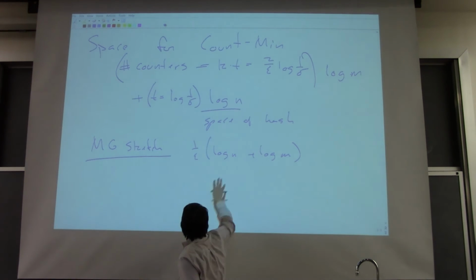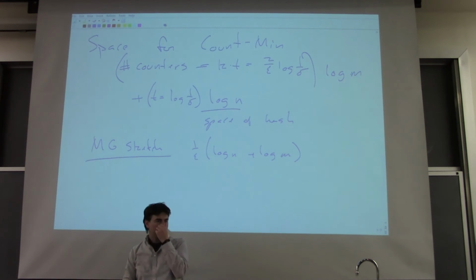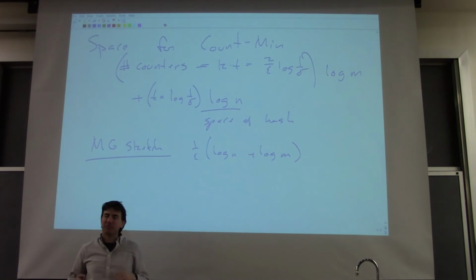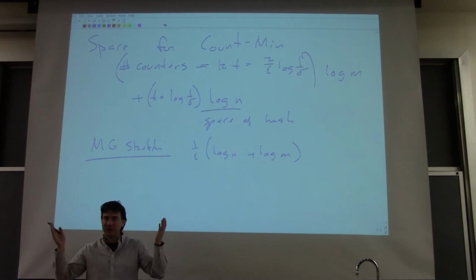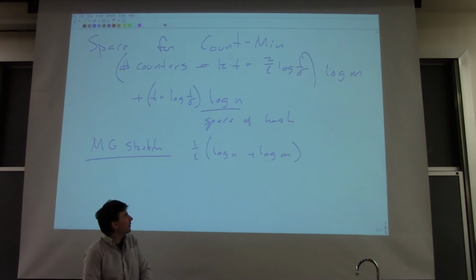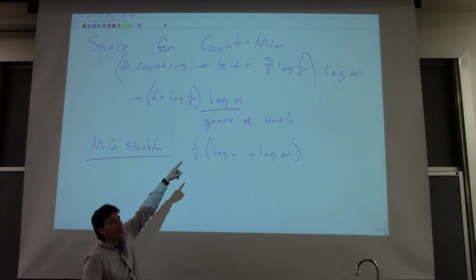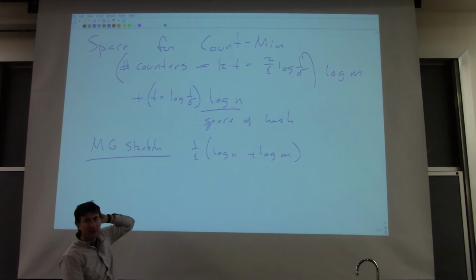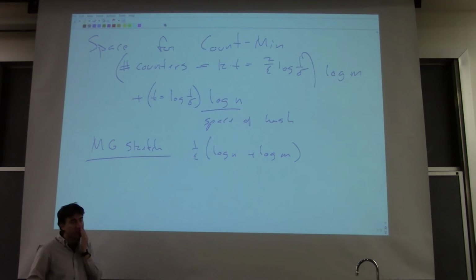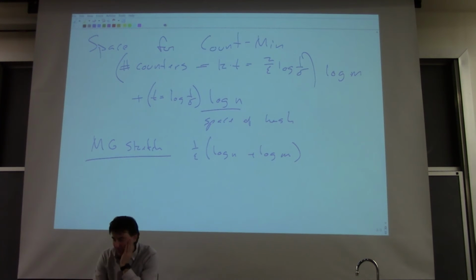So probably log n and log m are about the same. They're probably going to use a single integer for both of these. So then it's going to be roughly the same size. I have a 2 over epsilon, and I've got this log 1 over delta factor, which is about 5 or 10 now. So I'm probably increasing the space by about a factor of 5 or 10. So this one is about log 1 over delta, 5 to 10 times bigger.